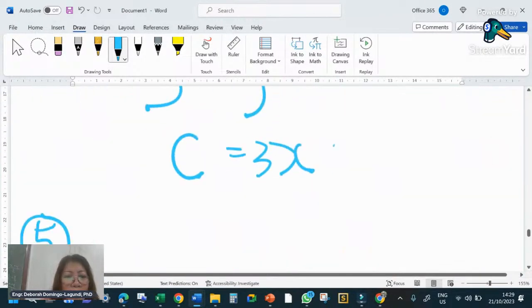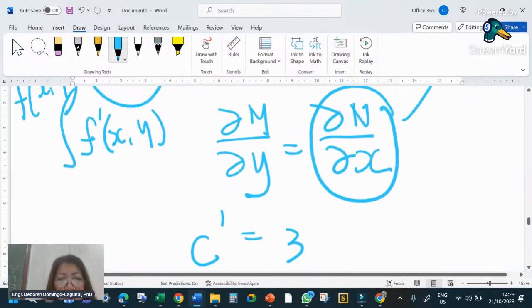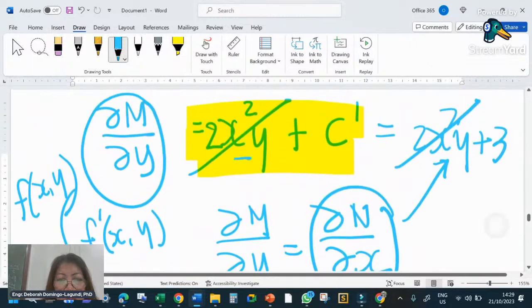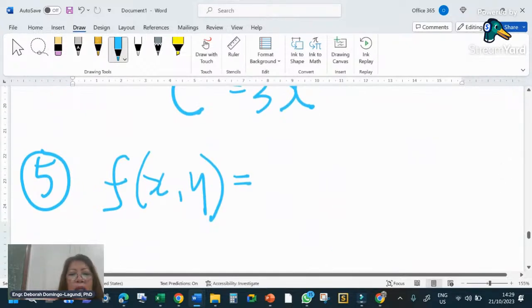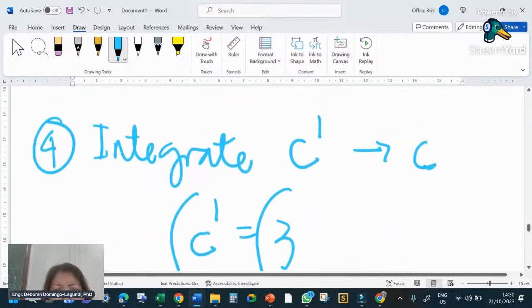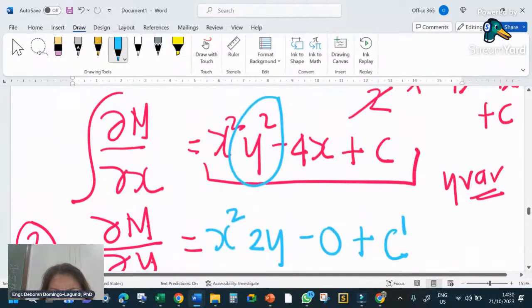So f xy is equal to 2x squared y plus c. Hang on. Let me see, where should I be?